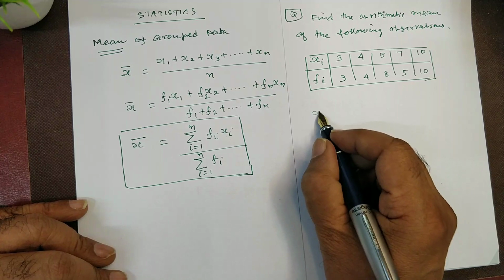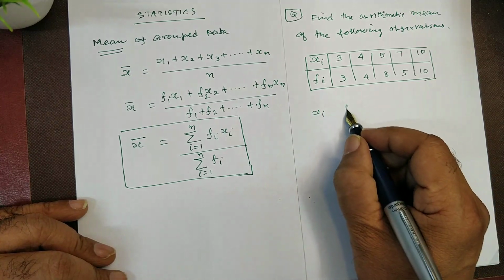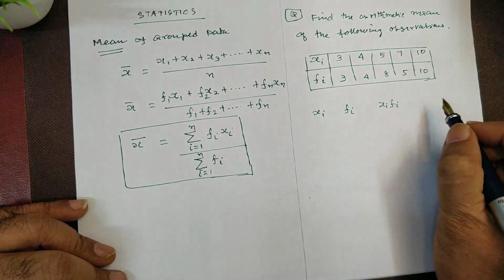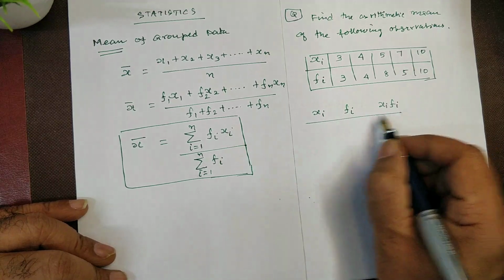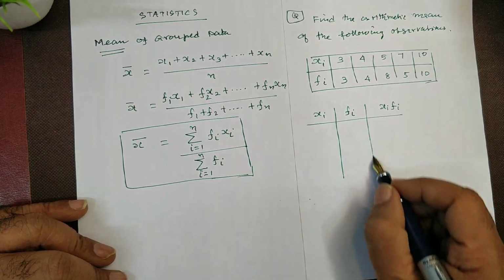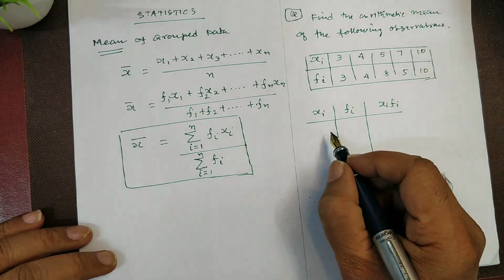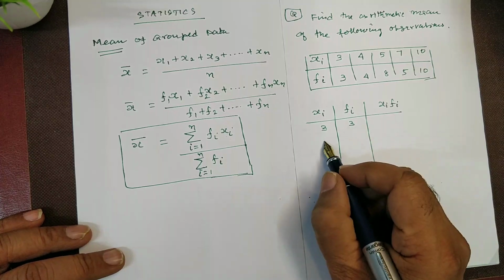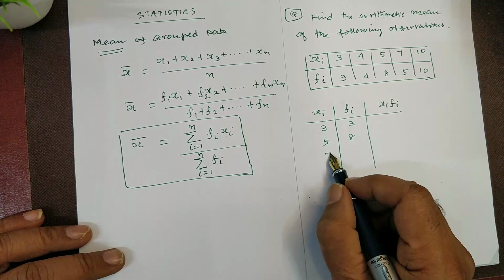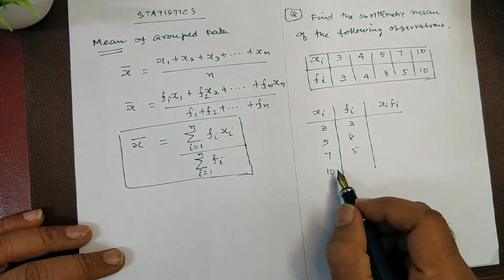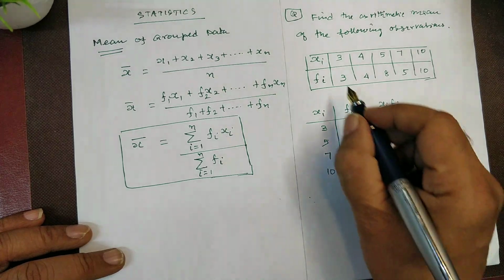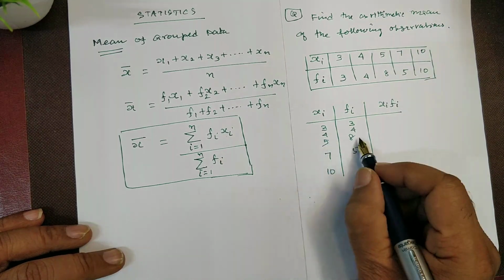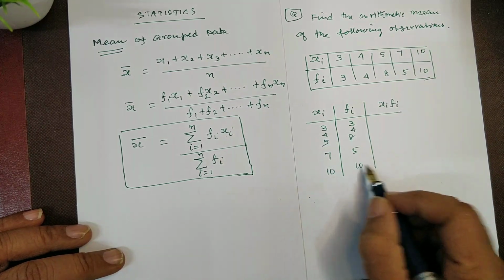We can put xi here and fi here and the product xi fi. xi is 3, 4, 5, 7, 10 and fi is 3, 4, 8, 5, 10.